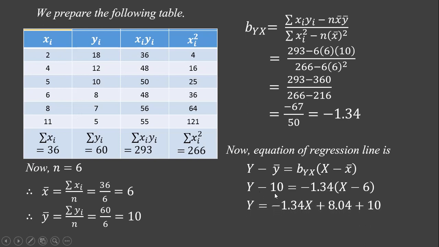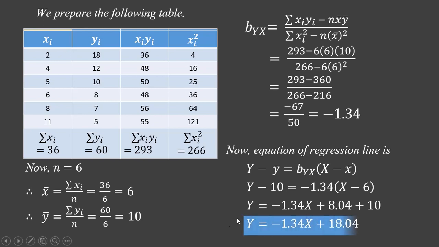Now we transfer this minus 10 to this side, plus 10, minus 1.34 into x, minus 1.34x, minus 1.34 into minus 6, we get 8.04. Now adding these two, we get this equation, y is equal to minus 1.34x plus 18.04.